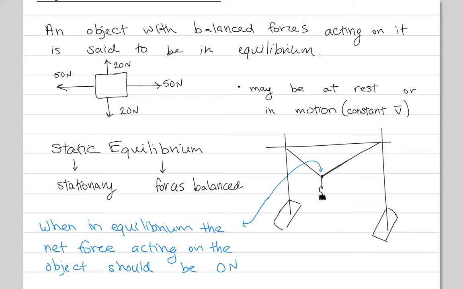The net force is 0 newtons. So that means when you add up all the forces, what should you get? In other words, add all vectors in their components, right? Do x's together, y's together, add all vectors, and you should get 0.